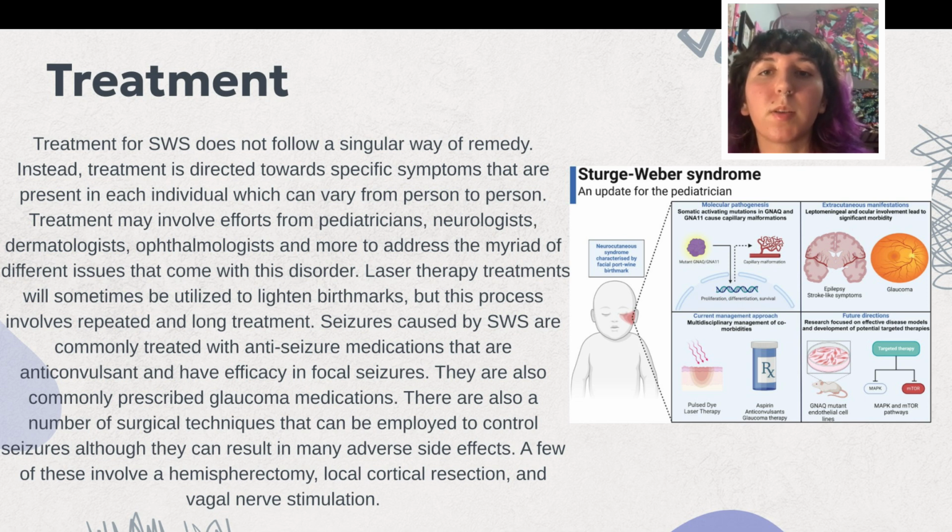Laser therapy treatments are often used to lighten birthmarks, but this process involves repeated and long treatments. Seizures caused by Sturge-Weber syndrome are commonly treated with anti-seizure medications that are anticonvulsant and have efficacy in focal seizures. They are also commonly prescribed glaucoma medications.